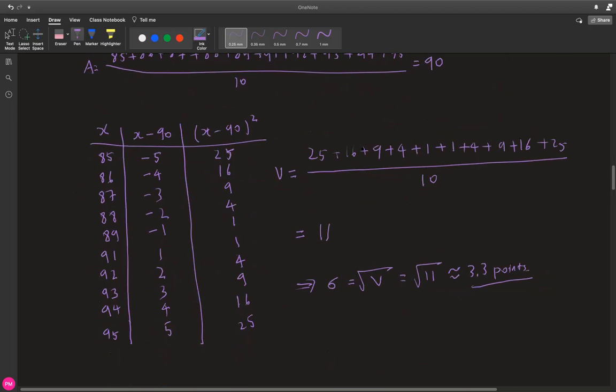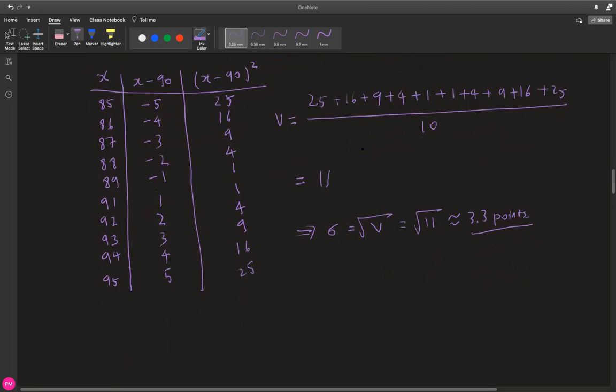So I understand this is a very confusing concept. It is, however, very useful. For data sets that are based on the same underlying scale, the comparison of the standard deviation is very useful, and it tells you a lot of things.